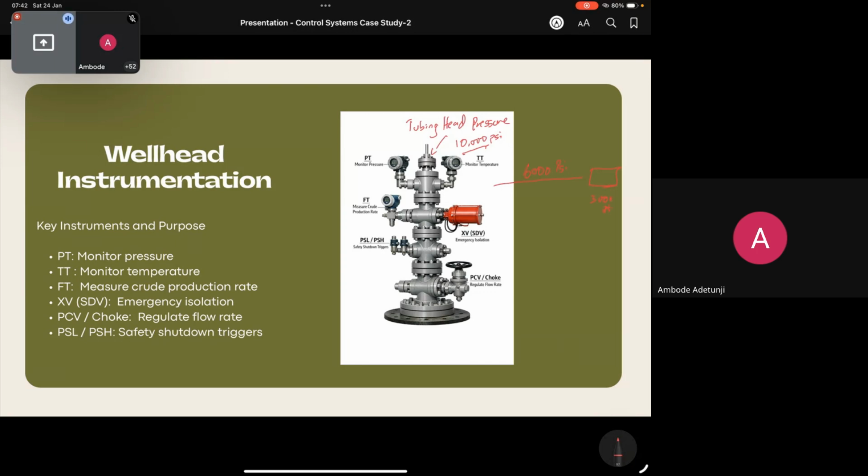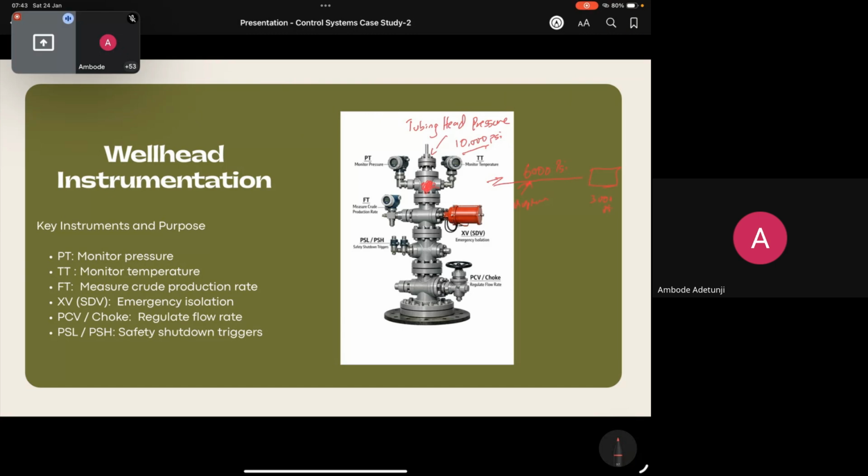What this means is that if you operate this wellhead at its maximum capacity, it's going to rupture this pipeline. So you need to monitor the pressure that goes into this pipeline such that it will not exceed 6,000 psi.